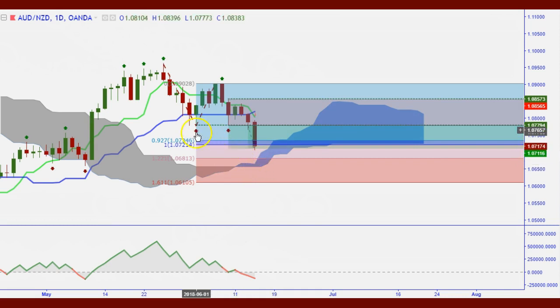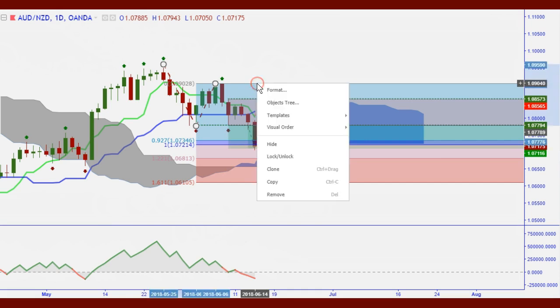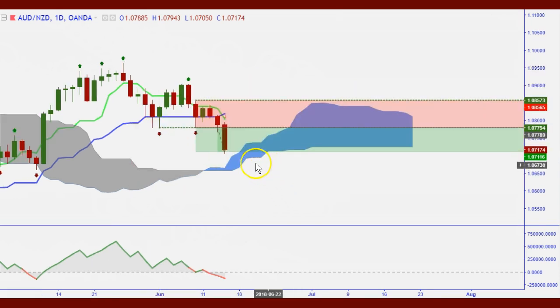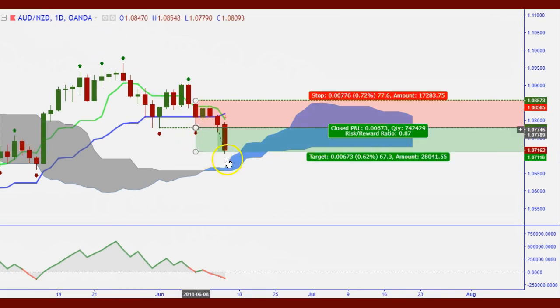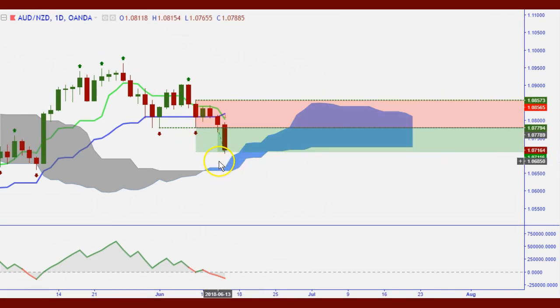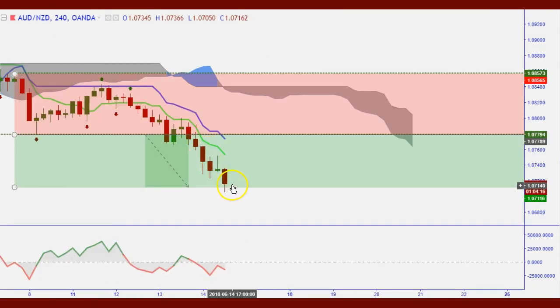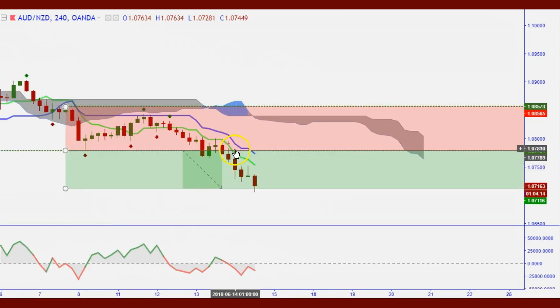Now let me remove this. All right, so I'm not taking my profit yet. I'm going to let this thing go on its own, and then I'm going to see what the market gives me. I'll go to the 4-hour time frame and watch these candles. So currently my entry is here, but I don't want to exit right here.